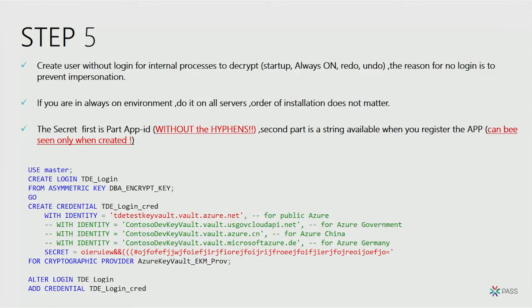And what is that? A user without login, a user with an asymmetric key. If you remember the command EXECUTE AS, you cannot run as this user. That's inherent in SQL Server security. So you cannot impersonate this user.